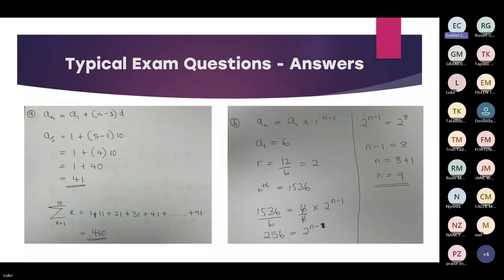If bases are equal, powers are also equal. So you have 2 to the power n minus 1 and 2 to the power 8, which means the base is 2, so the powers are also equal, which means n minus 1 is equal to 8, and then they find the result is 9, just like that.